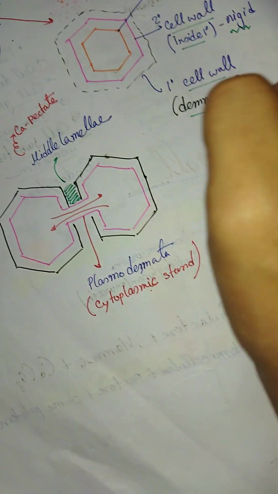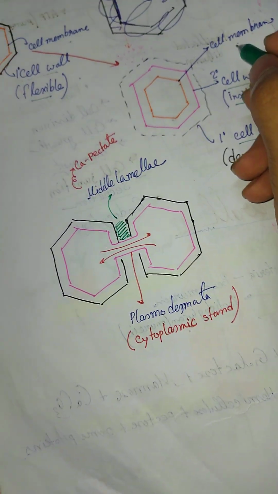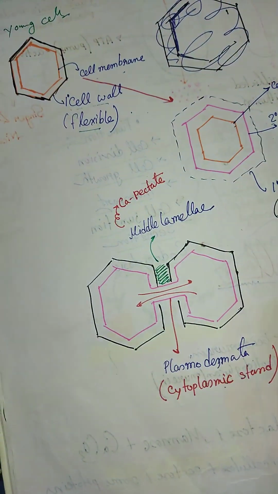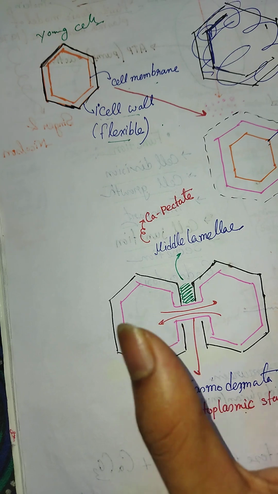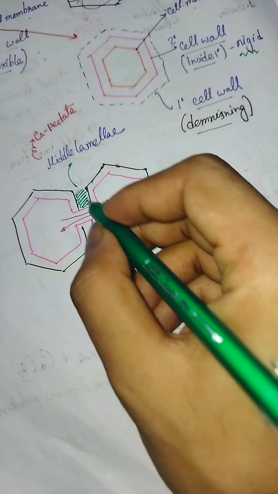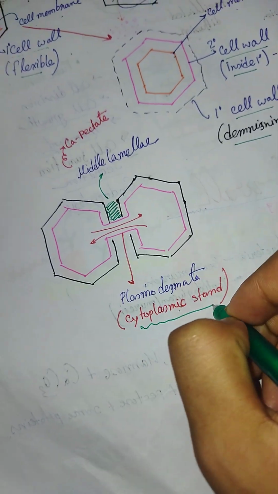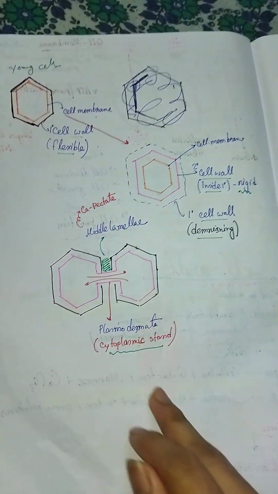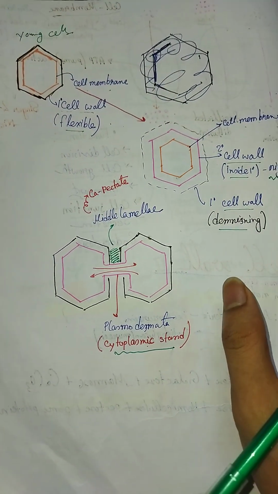Further, the middle lamella connects to the neighboring plant cell by calcium pectate. This is called plasmodesmata or cytoplasmic strand. This is the structure, or you can read.